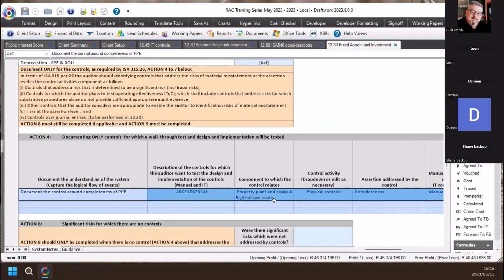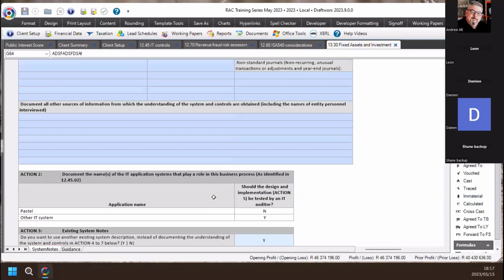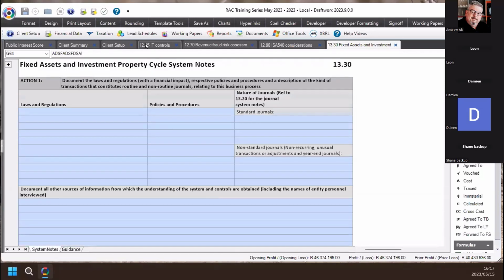Because when I get to section 15, I need to copy this control description to section 15. So I've got to document this information to create the link. So please understand the interlinked nature of document 1240, 1245, section 13, and section 15, which we'll look at next week.